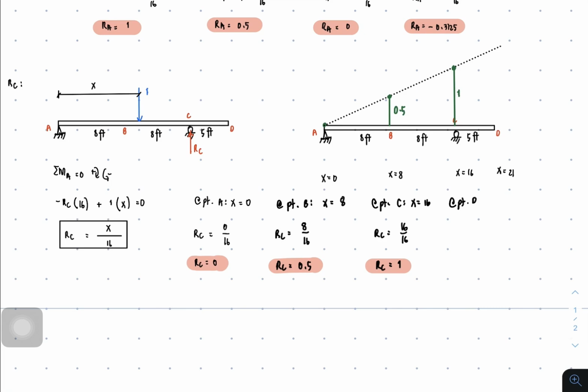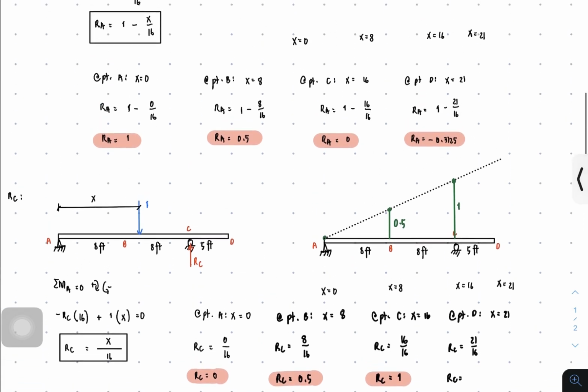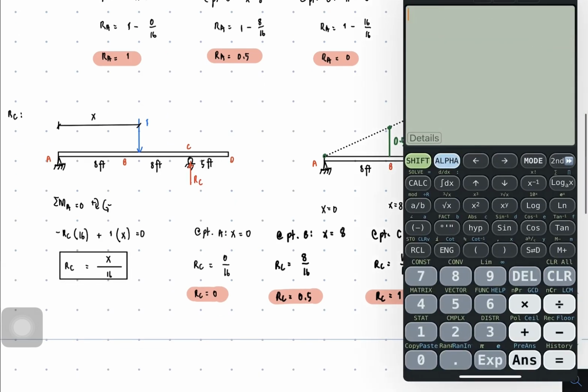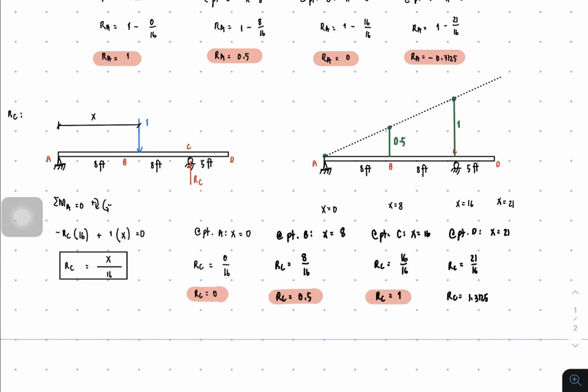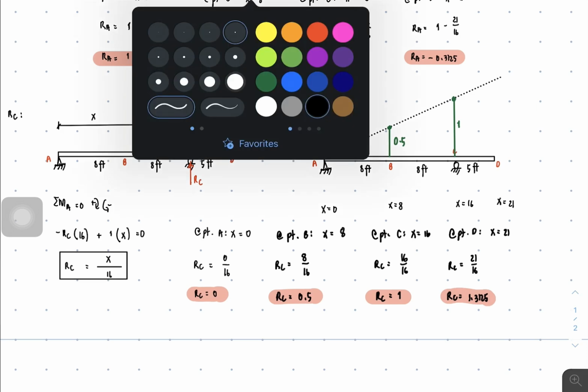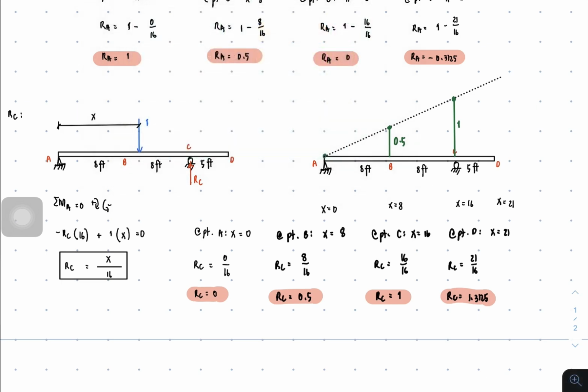So at point D, x is equal to 21, so RC is 21 over 16. So what is the value? Let's get the calculator. This is 21 over 16. That's 1.3125. And that is the value. And let's plot the 1.3125 from point D up.